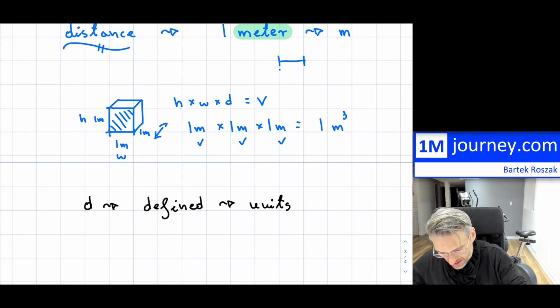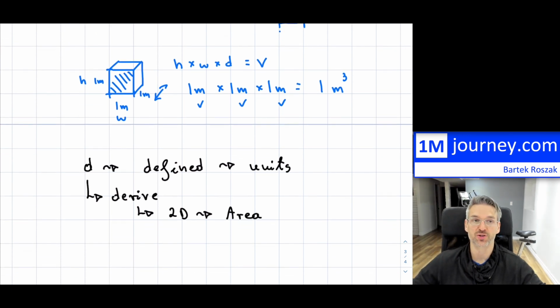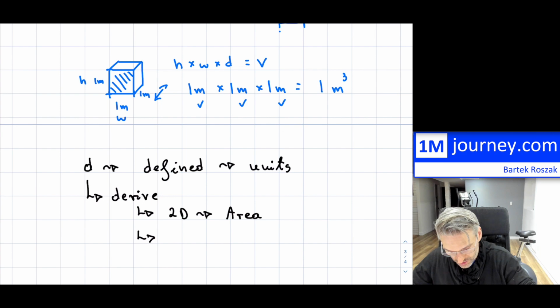Now, from this distance, we can derive in 2 dimensions the area, which is the measure of how big a surface actually is, because it no longer makes sense to be in 1 dimension if we're talking about surfaces.